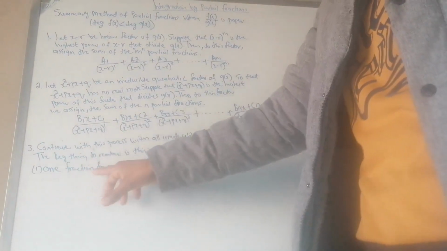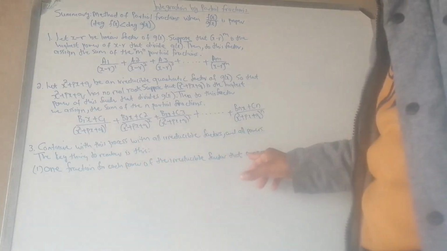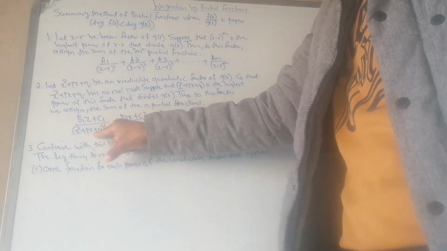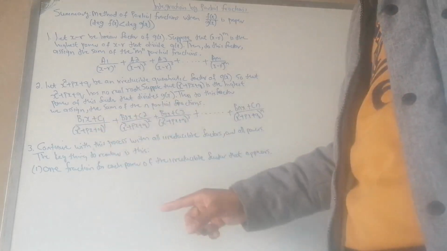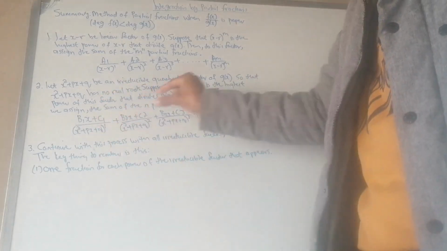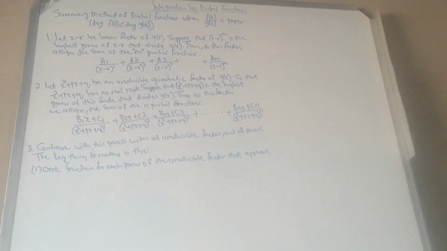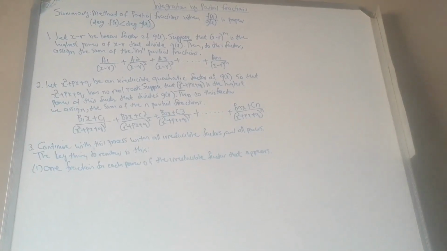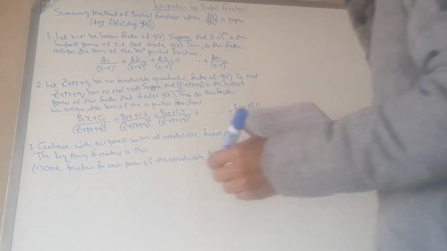This is what they mean: one fraction for each power of the irreducible factor that appears. I'm trying to explain this as much as I can, but the problems will make the work a lot easier for us.